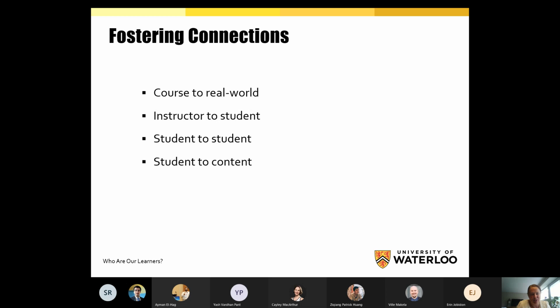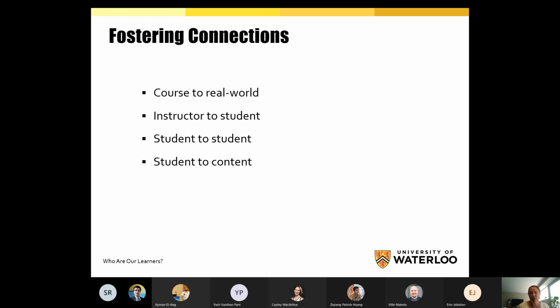And what do I mean by connections? Well, there are the obvious connections to the real world, and the most obvious connection is the one we just came from, which is speaking about co-op. So this is a natural real world experience that's a part of the dynamic on our campus. But there are other types of real world connections that are also worth considering, and we'll talk about those.